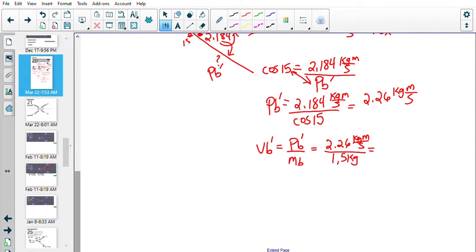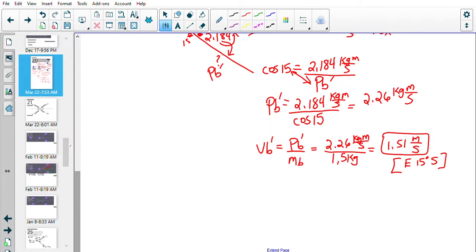If you divide that, you get 1.51 meters per second. And we knew the direction was 15 degrees. So if you wanted to write the direction, even though it was already given, it was east 15 degrees south. But the trick was finding out the speed of B afterwards. So definitely a step up in complexity from the previous question that we covered.